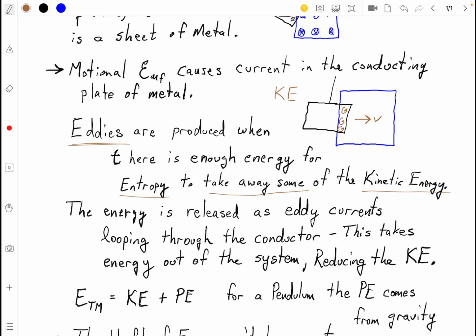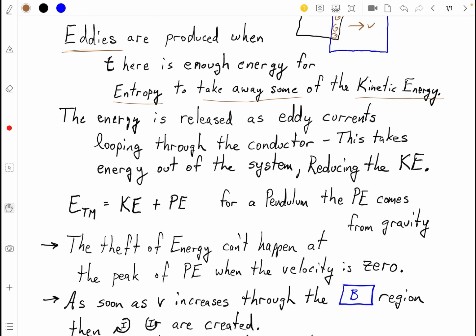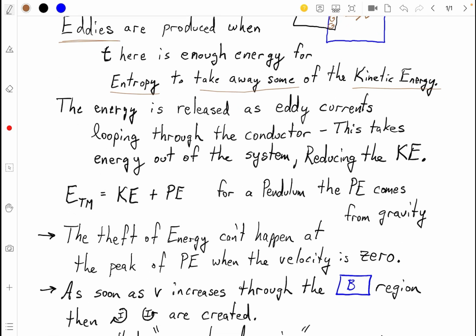There's actually a force that gets created that slows this thing down. This is a well-known thing. The energy gets released as eddy currents looping through the conductor, and so that reduces the kinetic energy. They say it reduces the mechanical energy. Your total mechanical energy is equal to this plus this, but the potential energy comes from gravity.